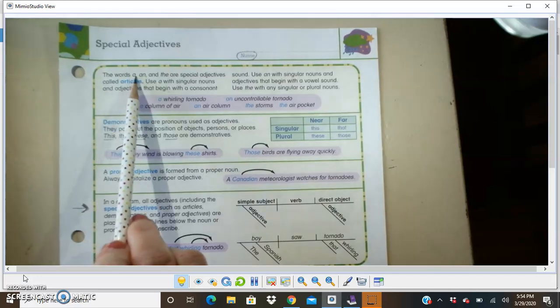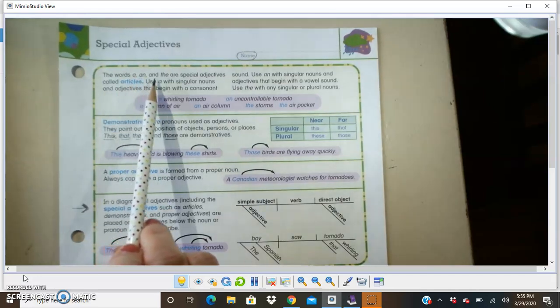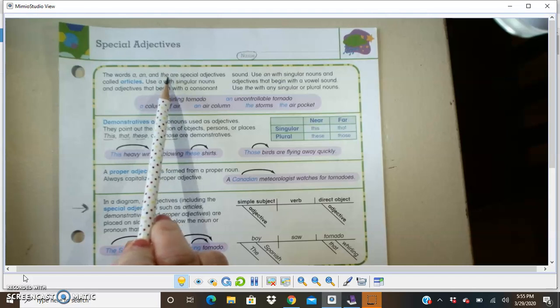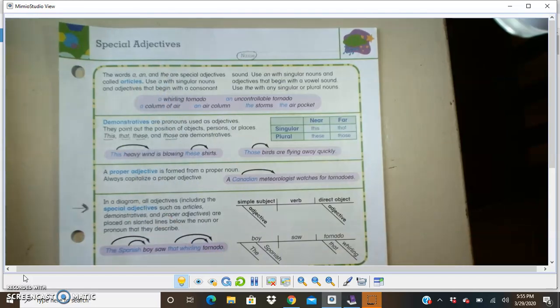The words a, an, and the are special adjectives called articles. So let's go over that again.